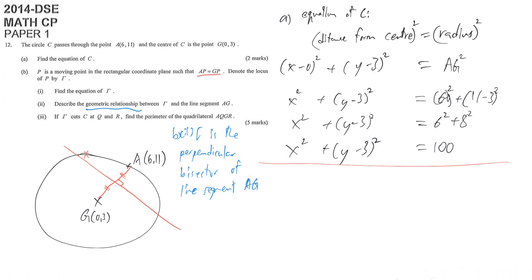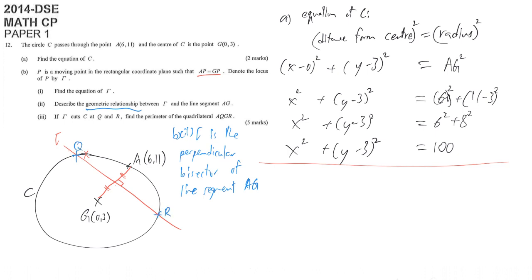Don't just say it's a perpendicular bisector, say that it's the perpendicular bisector of something, okay? After that, if L cuts C, C meaning the circle, don't forget it, they say circle C. So this circle is called C. This line is called L. It cuts at two points, this point is called Q, this point is called R.